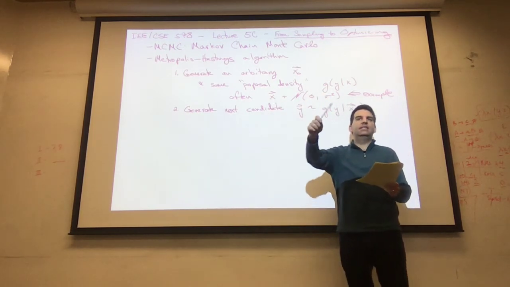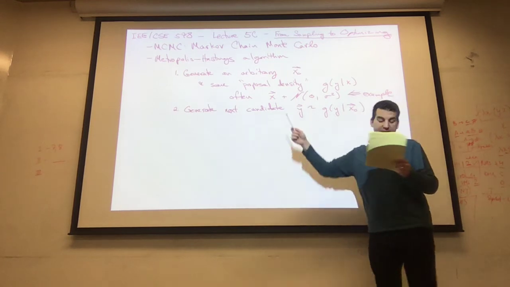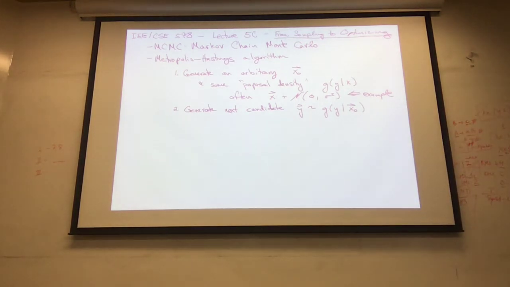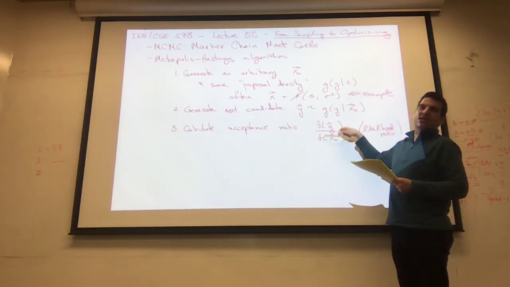So I just take a step in some random direction, and then I need to say, do I want to keep that or not? So I calculate this acceptance ratio, which is fy divided by fx0, with little vector signs over both of those, which is just a likelihood ratio when you consider f to be a probability density that you would like to sample from.